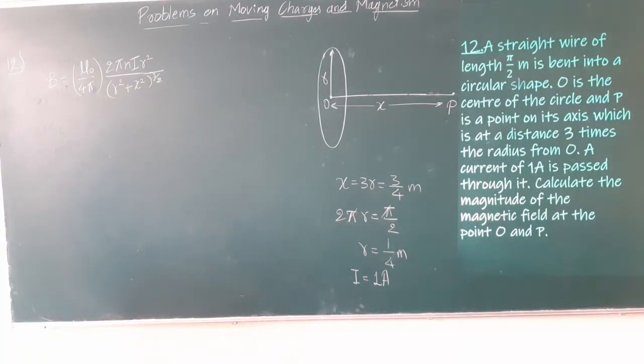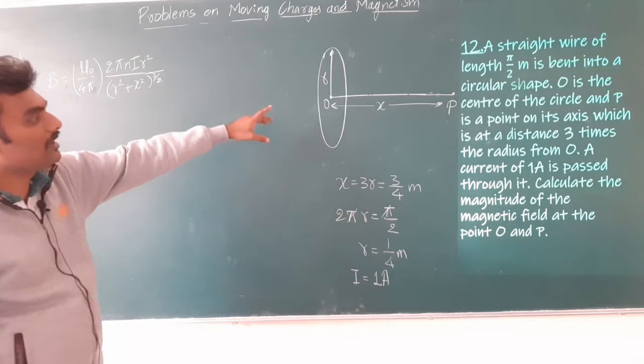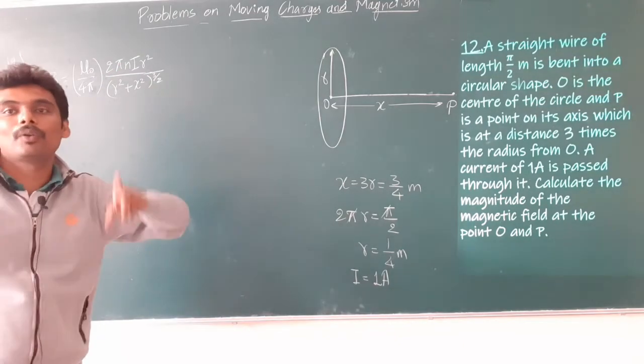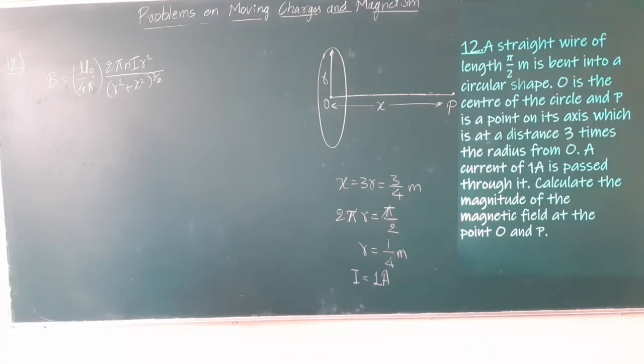Right? This is the formula which we actually derived, and here N is the number of turns which will be 1 because it's a single wire which is bent into this shape. Okay, so that's it, we can get the value.